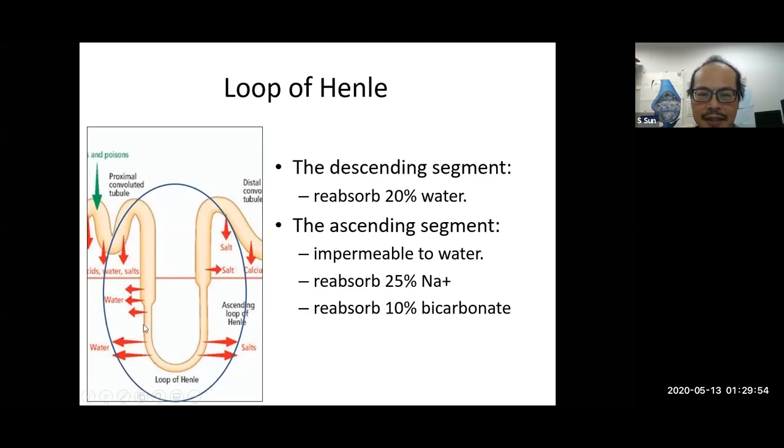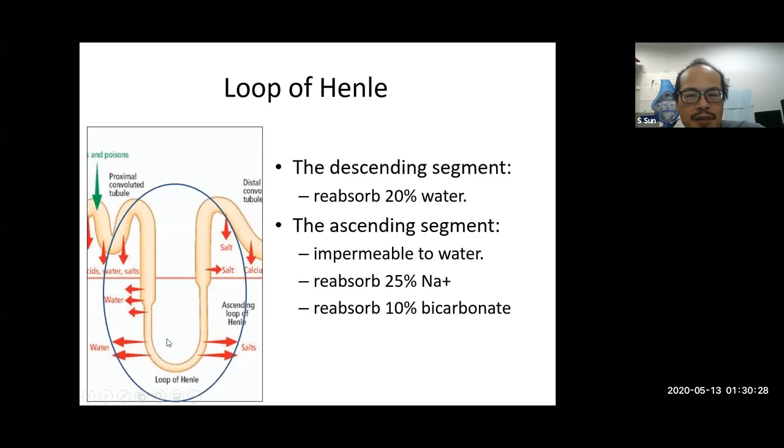In the descending, the major work is to reabsorb about 20% of the water, and the ascending is impermeable to water, but it reabsorbs 25% of the salt and 10% of the bicarbonate. So after all this, bicarbonate is almost 90% reabsorbed. Before we had 85% here, plus 10% is 95%. So bicarbonate very much gets back to our body.